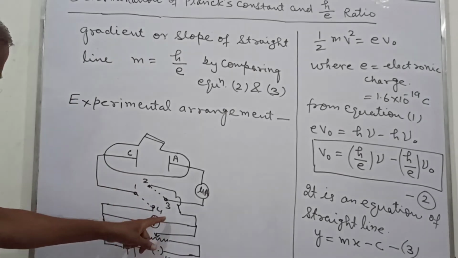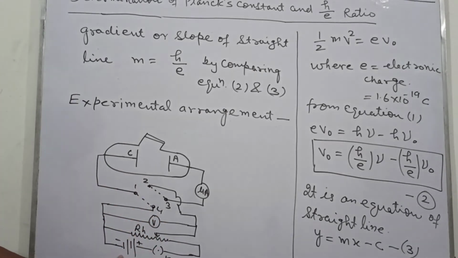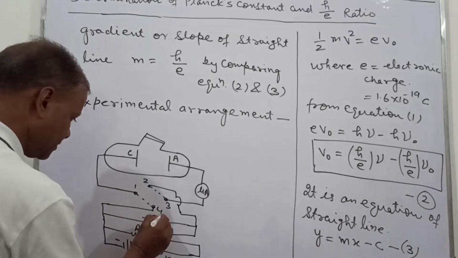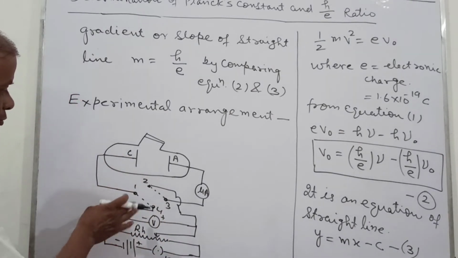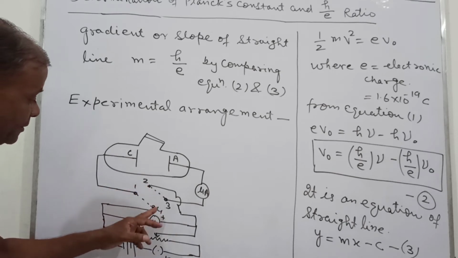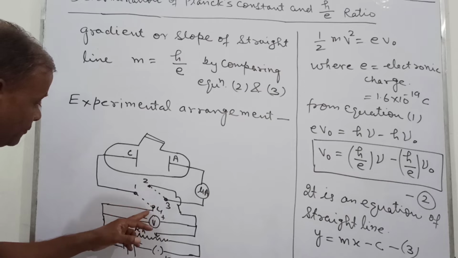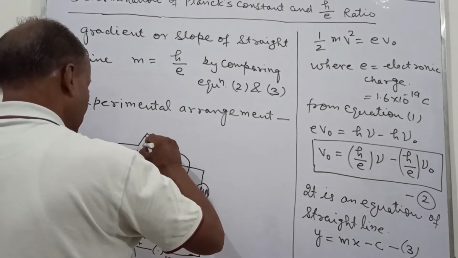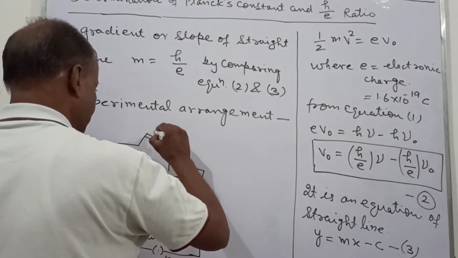So now 1 and 4 are connected to the negative of the battery. Here this is connected to the positive of this one. So here we are having this at the negative potential and this is at the positive potential. So now the reverse can be made of this one. This 2 can be connected to the 4 and 4 can be connected to 2, so that this will be at the negative potential.